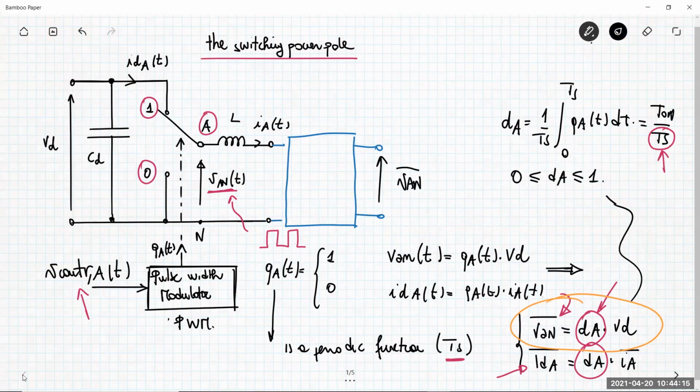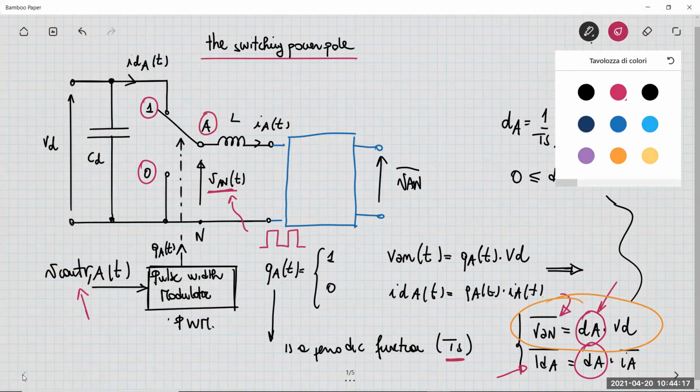In order to extract from a spectrum with several harmonics just the DC component, you have to use a low pass filter. So the demodulator action typically is done by using a low pass filter.